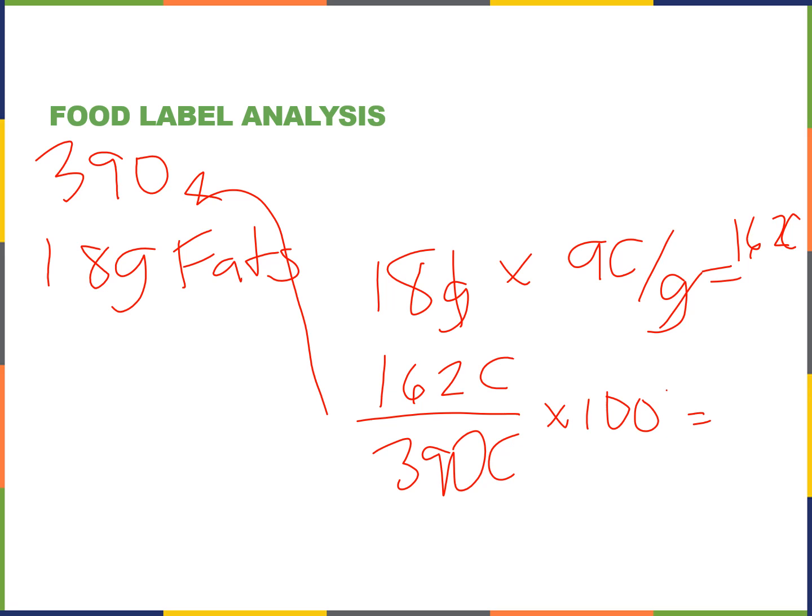Multiply that by 100, so I have 42%. Okay. So I know nutritional labels tell you the percent of your daily value, how much fat you should be taking in, right? Which wasn't this number. But when you actually eat that half a pizza, just know that almost, well, 42% of the calories from that pizza are coming from fats.